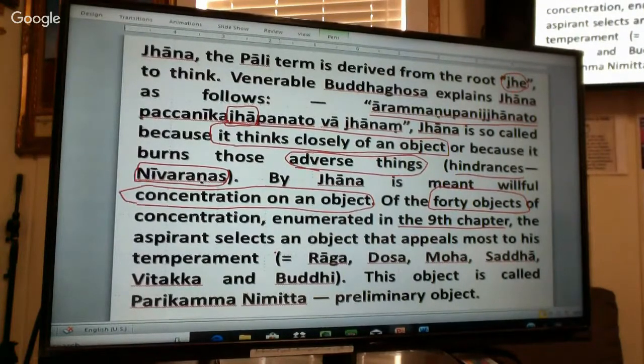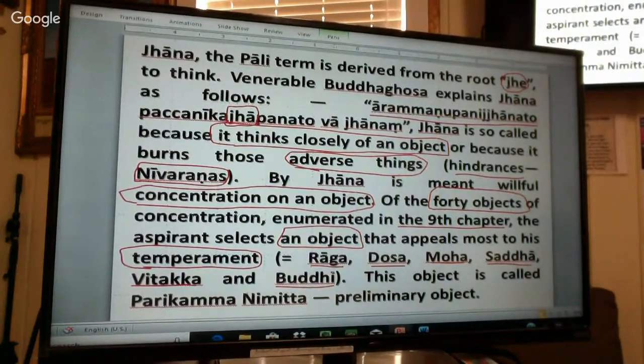The aspirant selects an object. It depends on which kind of jhana you want, so you need to select the object. The object should suit the temperament. We have various kinds of temperament. The Buddha said there are 6 kinds of temperament: Raga Charita, Dosa Charita, Moha Charita in Pali, Saddha Charita, Vitakka Charita, and Buddhi Charita.